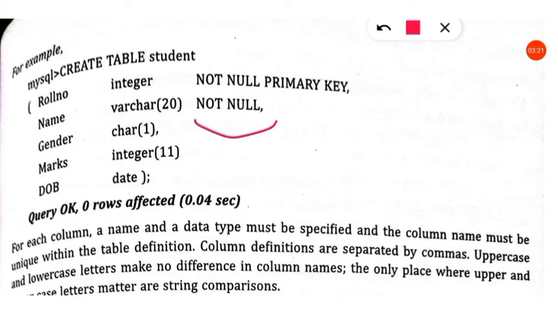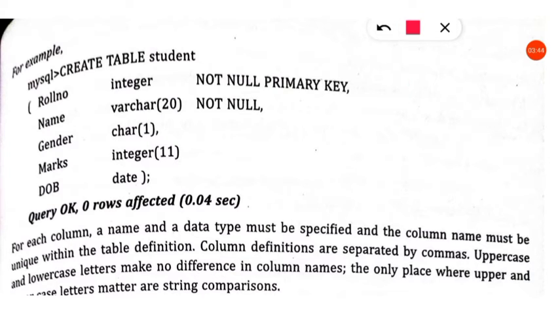This column is also not null, that is, null values are not allowed. Then the next column is gender. Its data type is char, and the number in brackets is the size, which is one. Gender can be either F or M, so only one character can be given in the column gender.